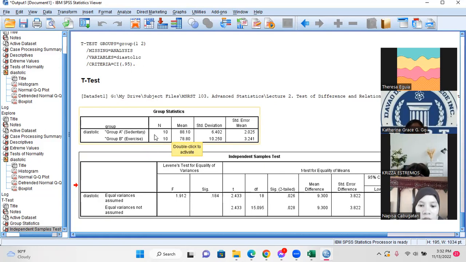Ito yung mean ng group A, sedentary. So, saan ang mas mataas? Ang group A or ang group B? A po. A ma'am. So, mas mataas ang blood pressure ng mga hindi nag-exercise kumpara sa mga nag-exercise.